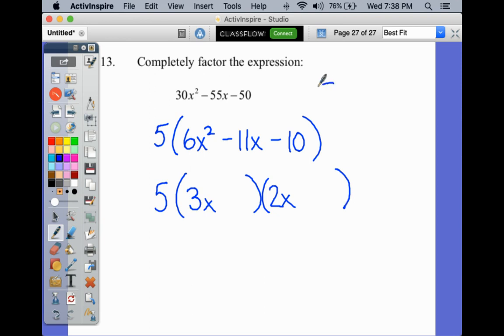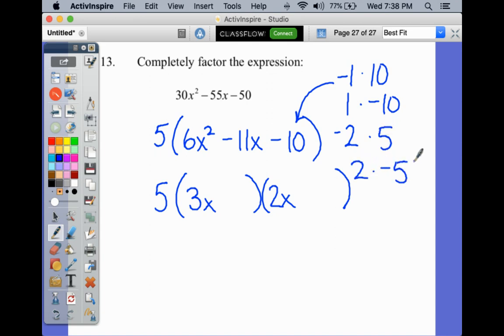10 multiplying to negative 10 could be negative 1 times 10, or 1 times negative 10, or negative 2 times 5, or 2 times negative 5. Those are our options for multiplying to negative 10. Can we arrange them in such a way that we make negative 11? I think we can with that one.